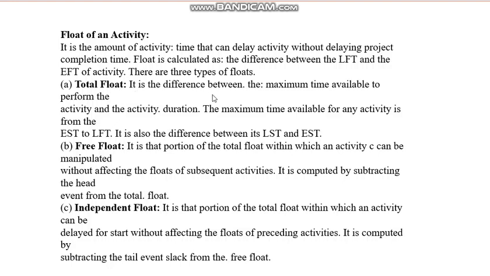It is the difference between the maximum time available to perform the activity and the activity duration. Now in our example, the maximum time available is 3 hours and the activity duration is 2 hours. So what is the float now? 1 hour.